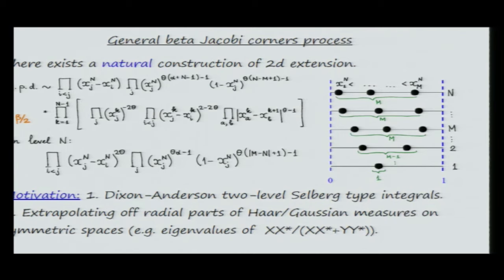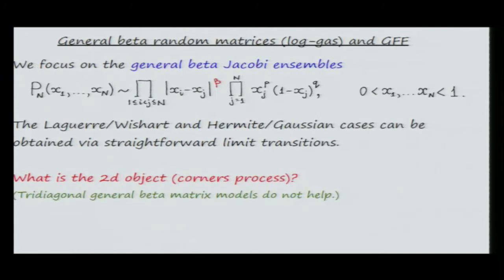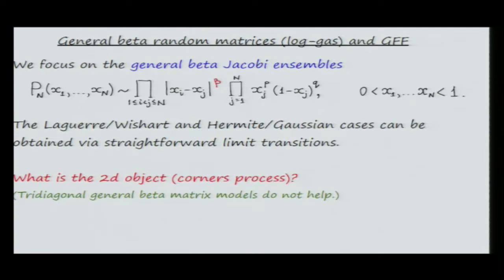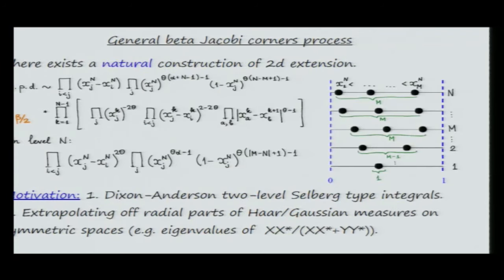Not necessarily Hermitian matrices with a unitary group acting on them, but some other Riemannian symmetric spaces with some special values of these parameters P and Q. Each symmetric space will have beta, which is 1, 2, or 4, and then some values here and here. And so one can try taking these 1, 2, and 4 points and extrapolate them. And so one can do that, and the extrapolation will look like that.